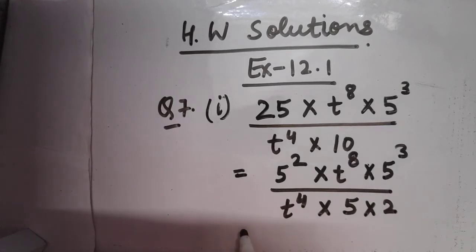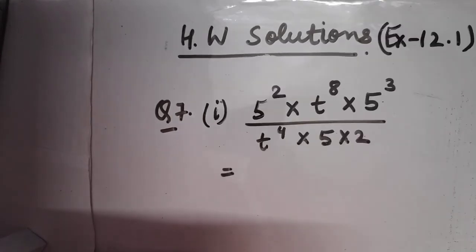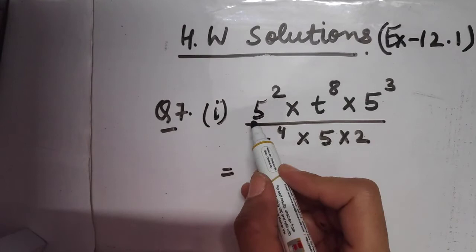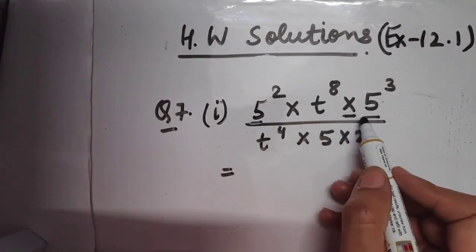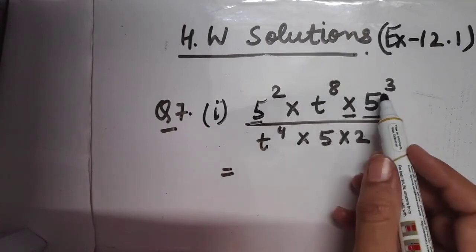Now, what I need to do, I need to apply the laws of exponents to solve the further steps. It will be equal to, here the base is same, multiplication sign is there between all the terms, so exponents will be added.